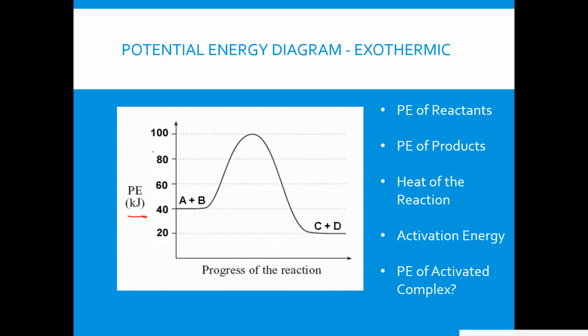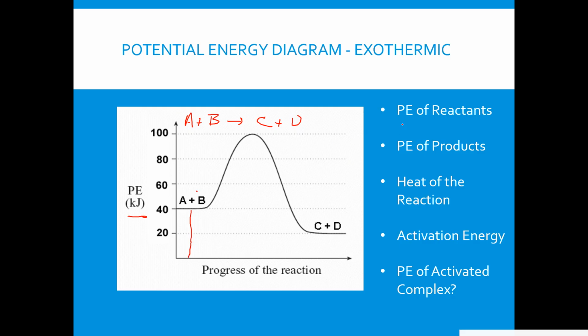So this is a reaction where A and B are reacting to make C and D. That's my chemical reaction. A and B are my reactants, and C and D are my products. So if I want to know the potential energy of the reactants, I'd look at my graph, and I'd say, look, right here, that is 40 kilojoules.